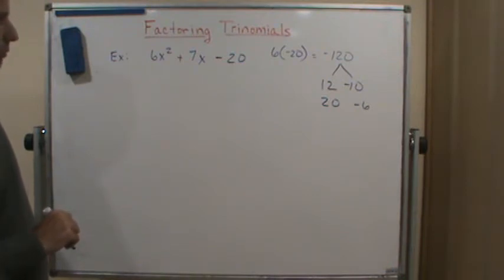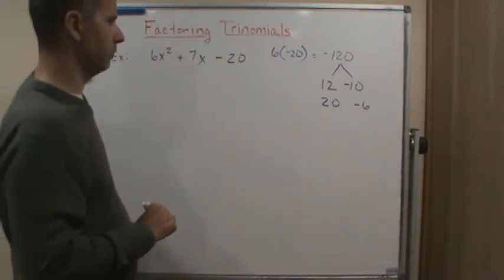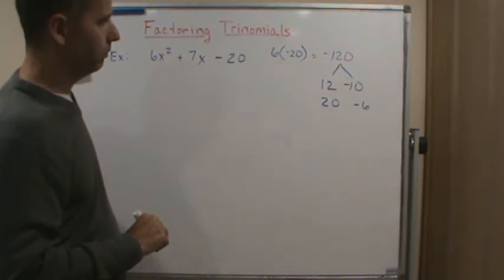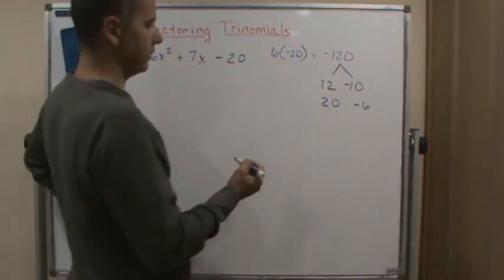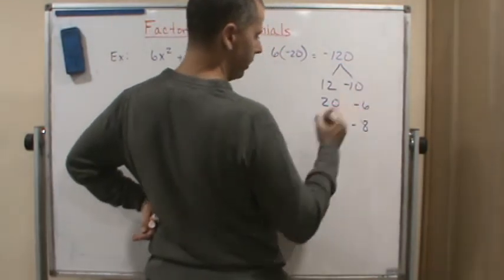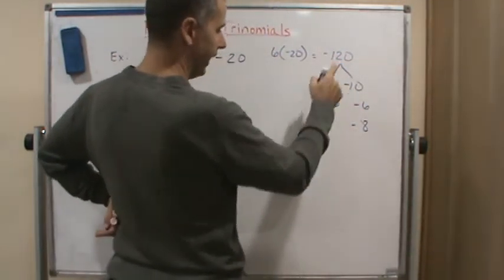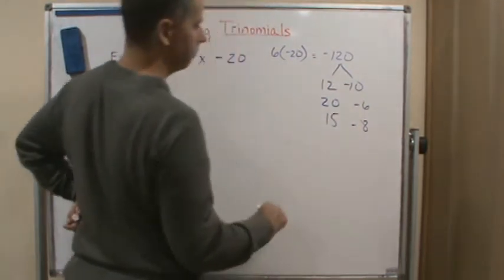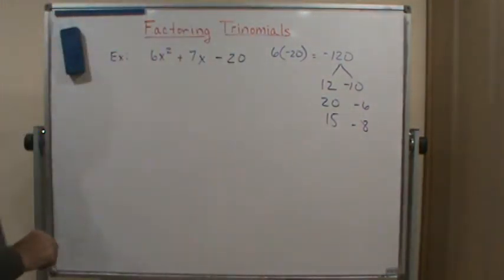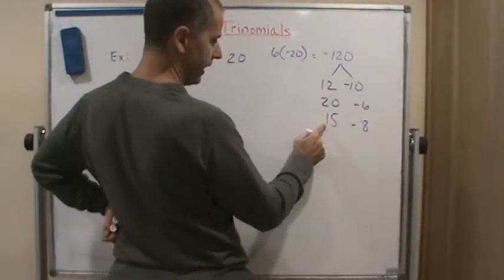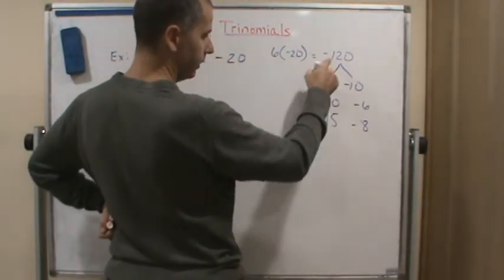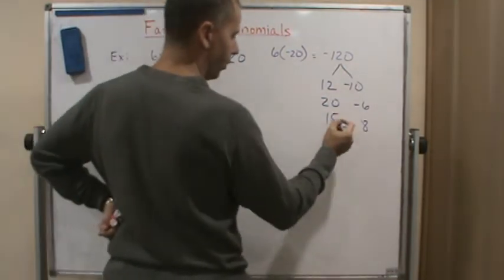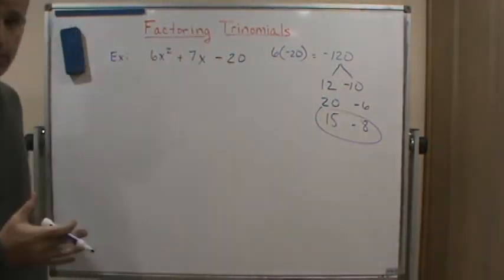What else can we use? What about 8? So we'll do negative 8 and 15. That'll work. 8 times 10 is 80, plus 40 is 120. So yes, negative 120. These are the two numbers that will work.